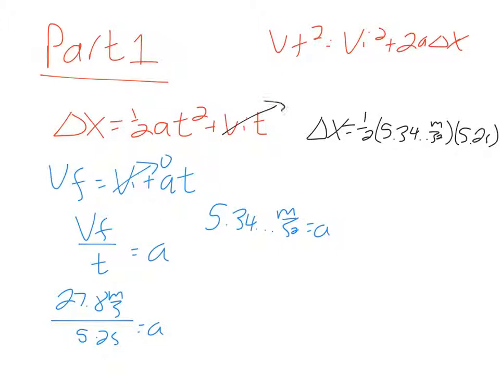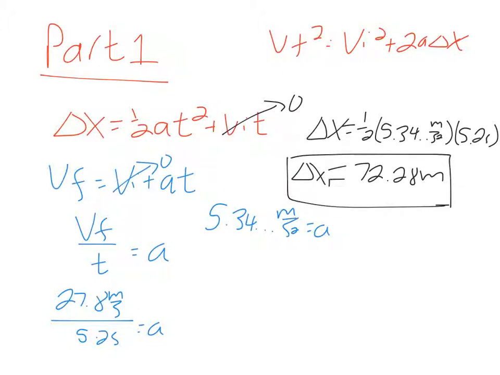My initial velocity was 0, so that whole term goes away. Multiplying this out gives us 72.28 meters. And this is delta x for part 1. Again, not rounding because it's not the final thing I'm solving for.